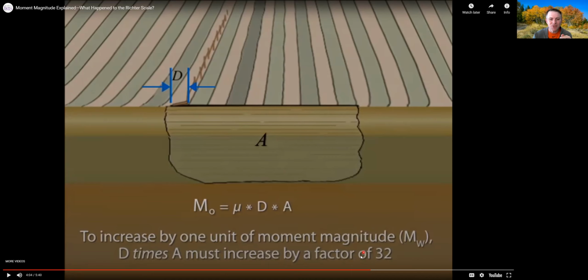So 32 times more energy is released when a magnitude 6 breaks compared to a magnitude 5, which is just crazy to think about. And we'll see the ramifications of that right now.